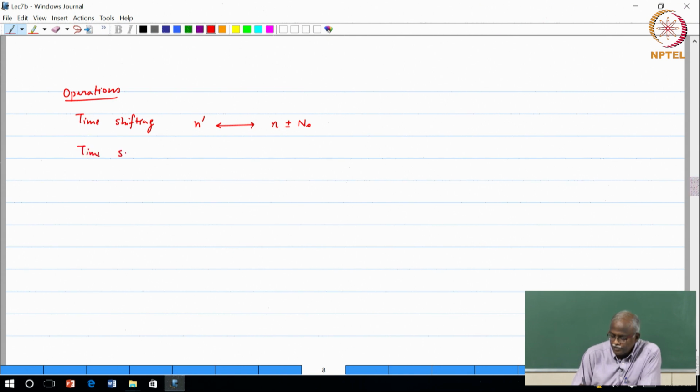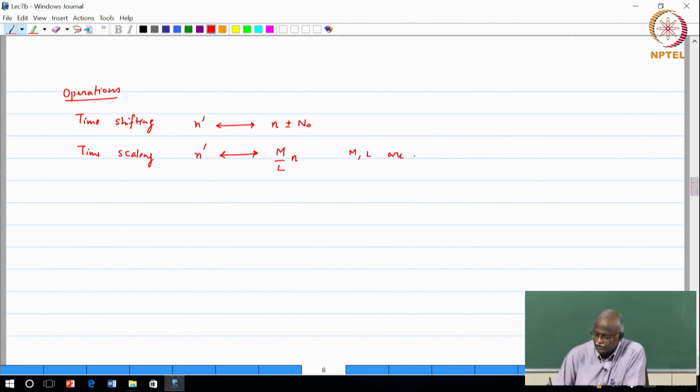Second is time scaling, where we define a new index n prime. In the notation it will actually come as n, but think of it as a new index, which is n prime. This corresponds to m by L times n, where m comma L are integers.